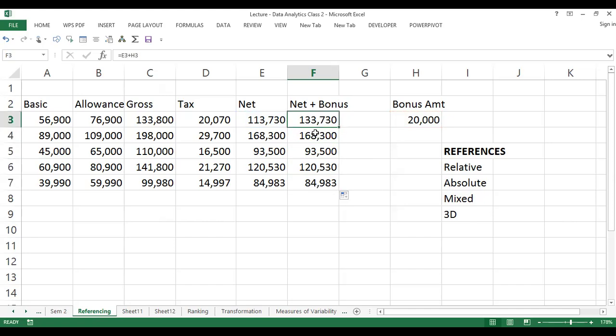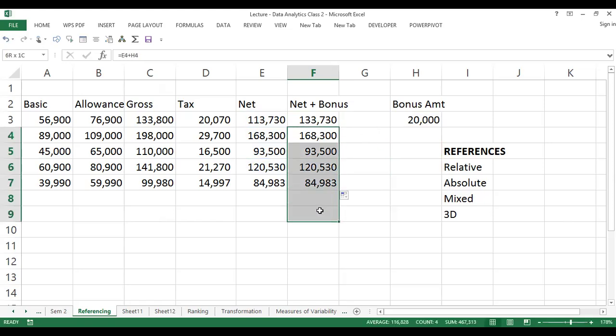This is where you need absolute referencing. Why is only the first one correct? Because if I double click now, you see it's picked it. This one attempted to go down to pick the next figure because it's relative referencing. This one went down. Are you getting it?